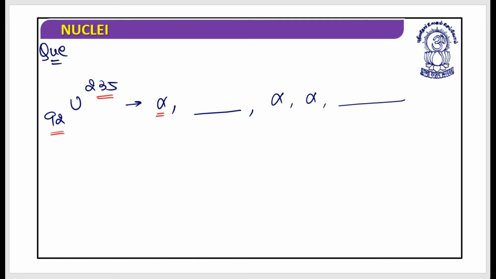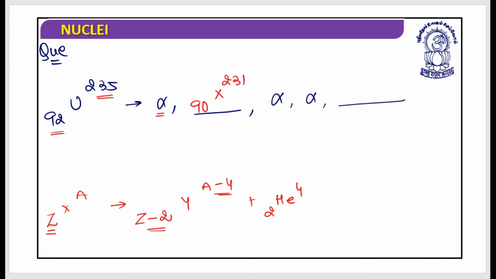If one alpha particle is released, then my standard relation tells me ZXA will be Z minus 2 Y A minus 4 plus 2 He 4. Here I am interested in only the element, so this atomic number would be decreased by 2. So 92 minus 2, it's 90. We don't know the element, it's an X. 235 would be decreased by 4, it's 231.